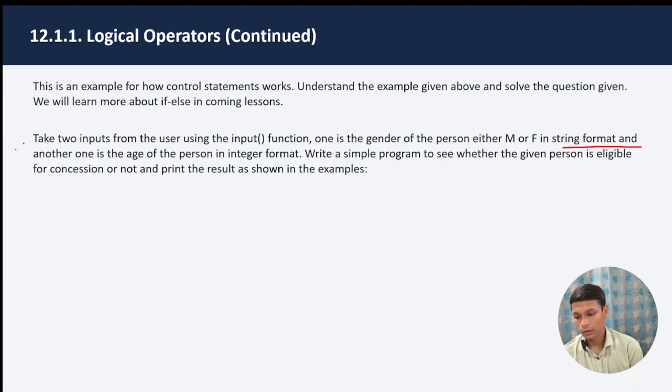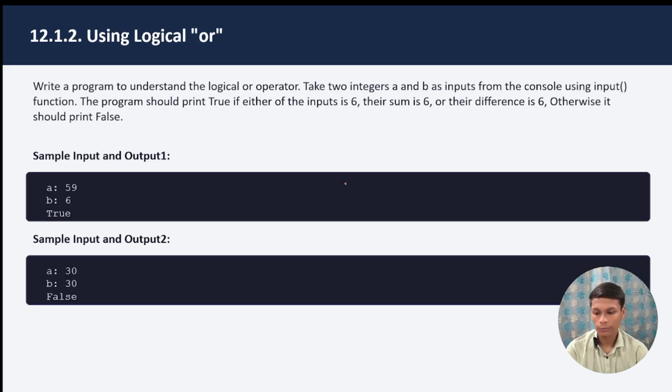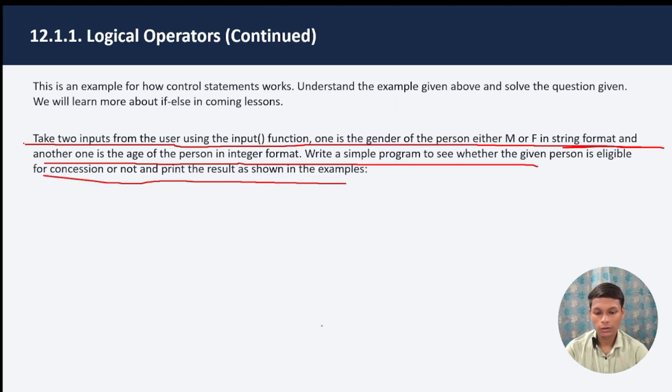We have to take two inputs from user using the input function: the gender of person either male or female in string format, and the age of person in integer format. Write a simple program to see whether the given person is eligible for concession or not, and print the result. An example is not shown, but don't worry, we are performing this.